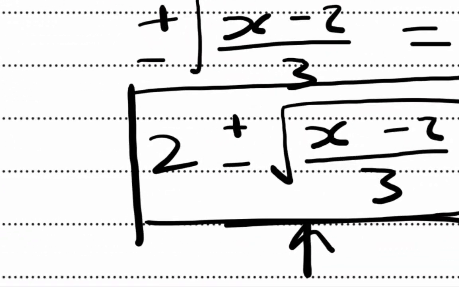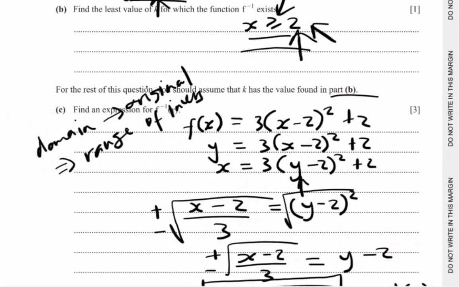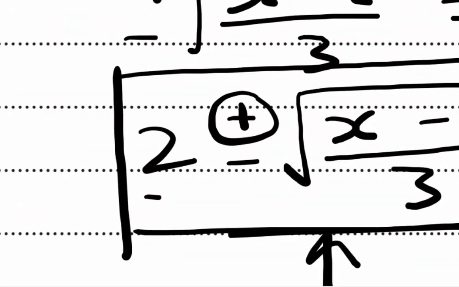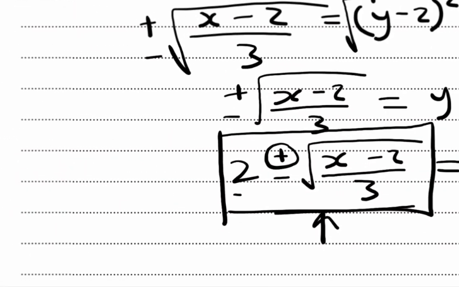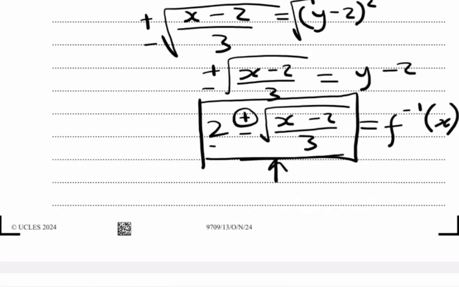So for this to be greater than or equal to 2, we have to take the positive, right? Because if we take minus, it will mean that we'll be getting values that are less than or equal to 2. So for us to get values that are greater than or equal to 2, we are taking the positive.